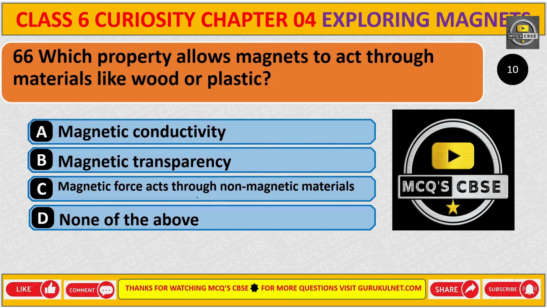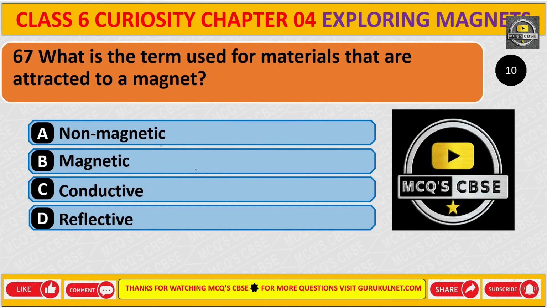Which property allows a magnet to act through materials like wood or plastic? And the correct answer is C, magnetic forces act through non-magnetic materials.